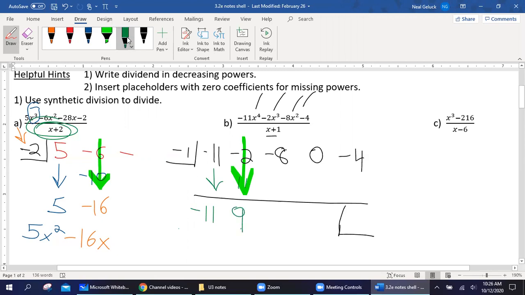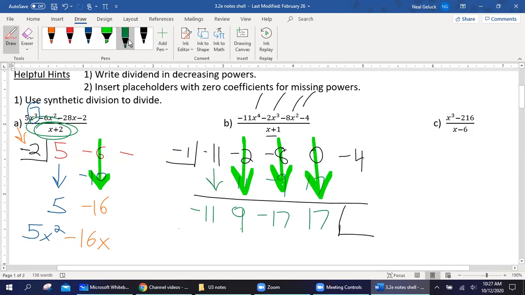Keep repeating the process. -1 times 9, -9. Add these together. That's going to give me -17. -1 times -17 is 17. Add these together.